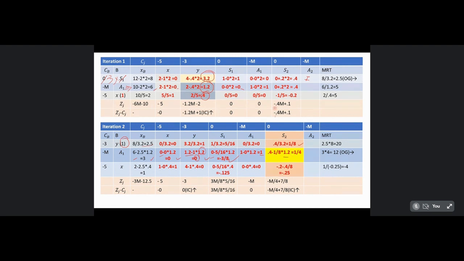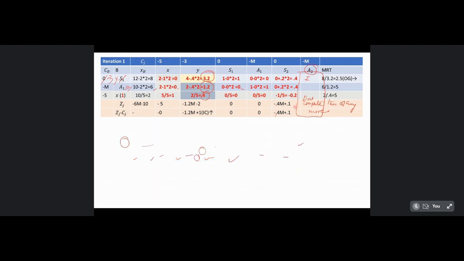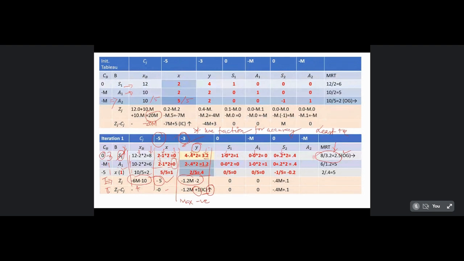আচ্ছা, একটা জিনিস বলিনি, এই রোটা you need not compute, মানে A2 যেটা সেটা ফার্স্ট টেবিলে এলিমিনেট হয়ে গেছে, তাই না?